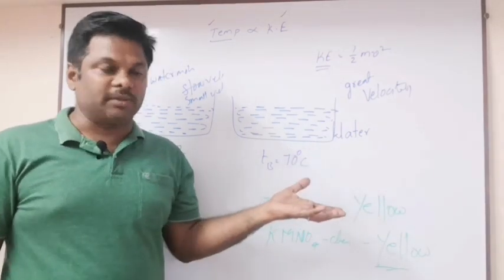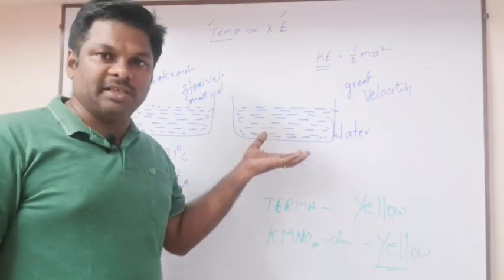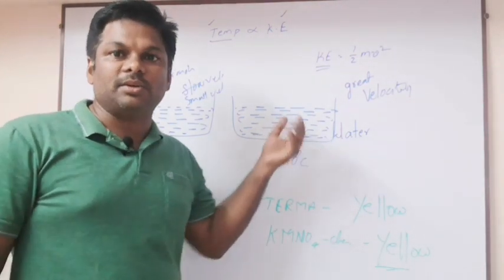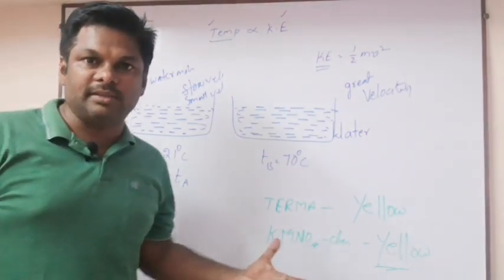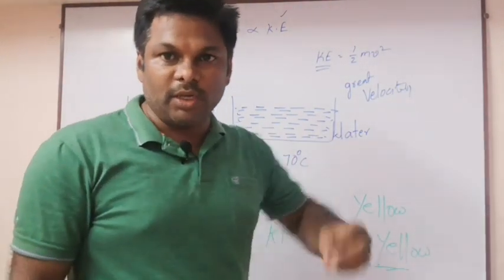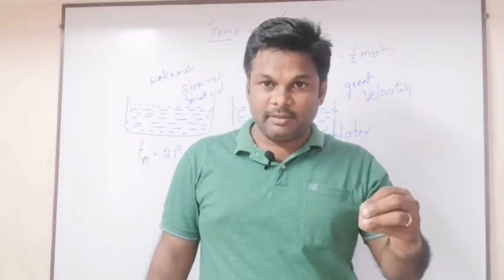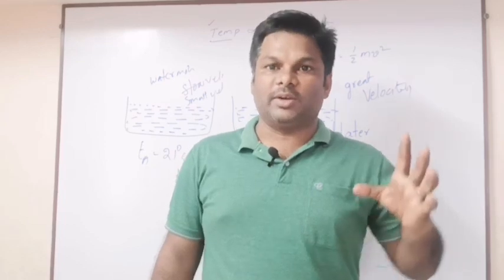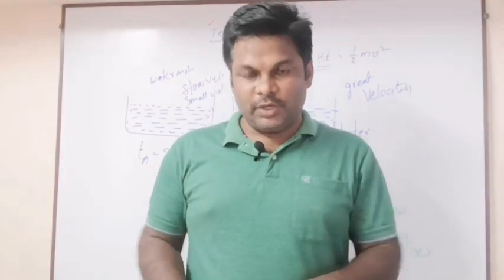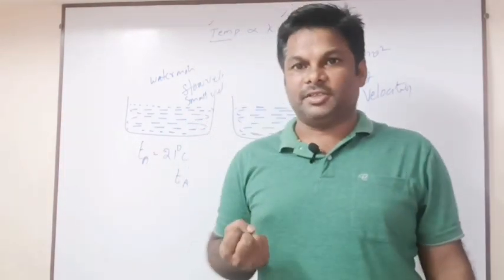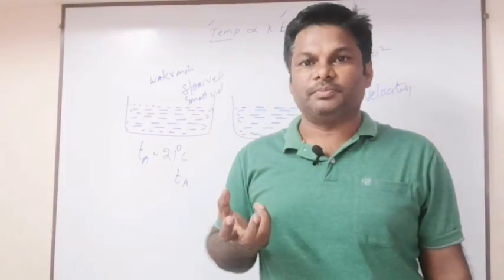So when it contains more temperature, their velocity is also high. You can conclude from this activity: whenever molecules contain more heat energy and temperature, they will move with great velocities. And when you have less heat energy and less temperature, they will move very slowly.